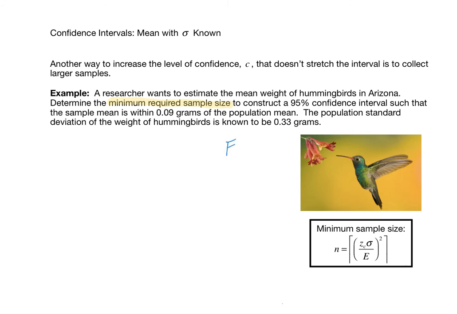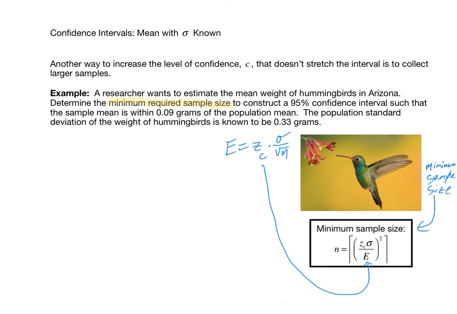If you were to take the margin of error formula, E equals Z sub C times sigma over root n, and solve for n, you would get this right here. Here we have a formula for computing minimum sample size. So we're going to use this to answer this problem.